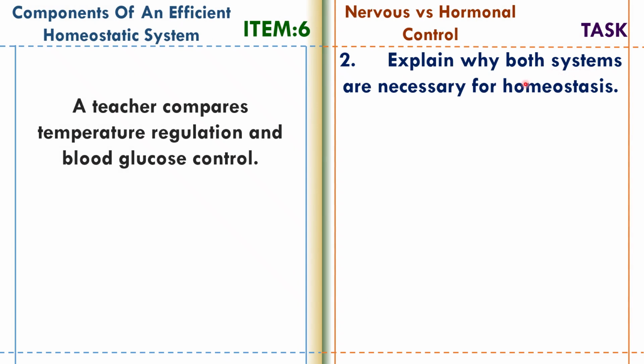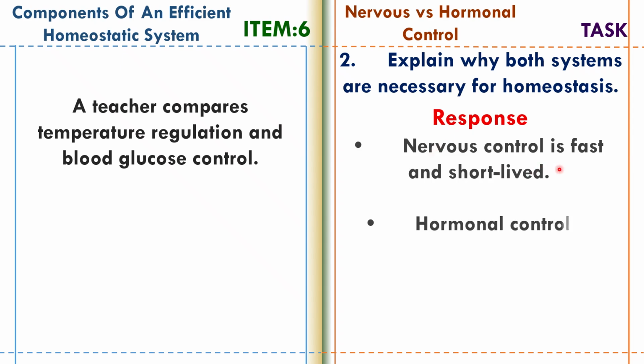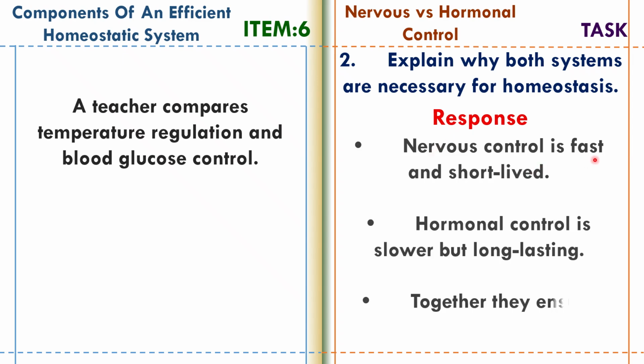Explain why both systems are necessary for homeostasis. Nervous control is fast and short-lived. Hormonal control is slower but long-lasting. Together they ensure precise regulation.